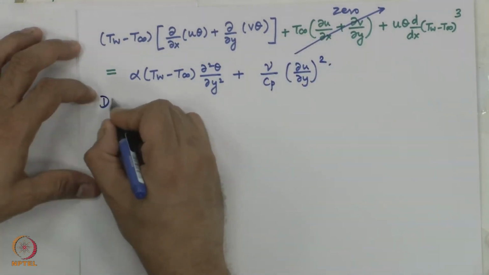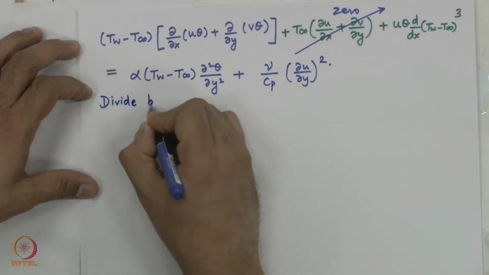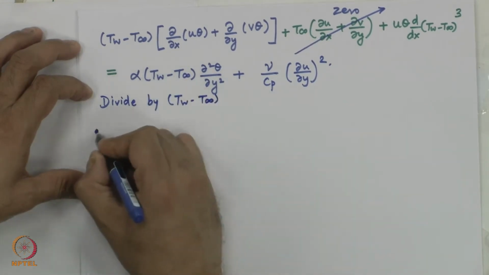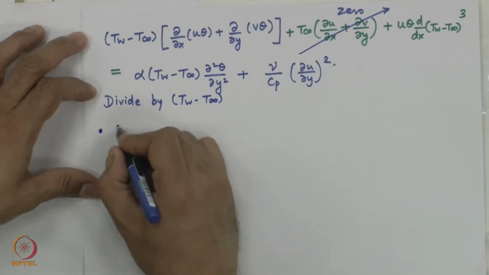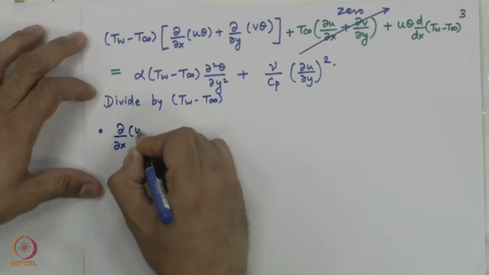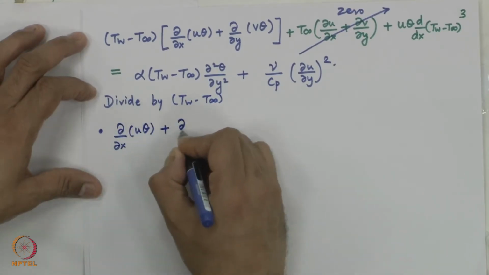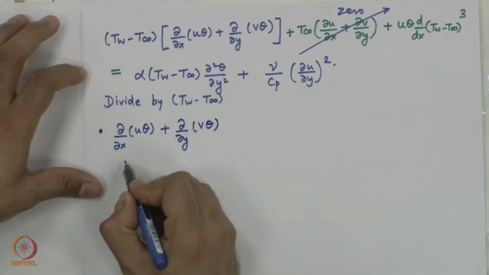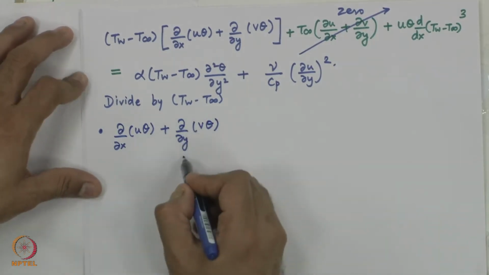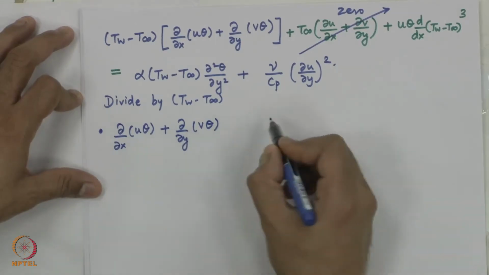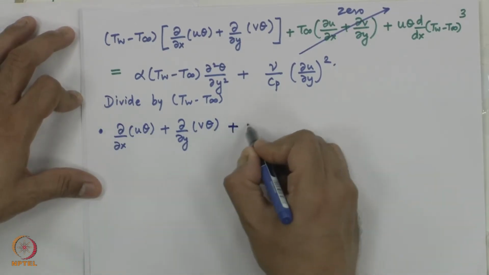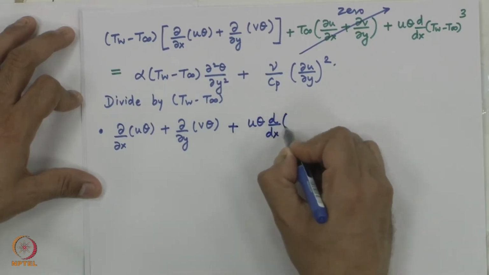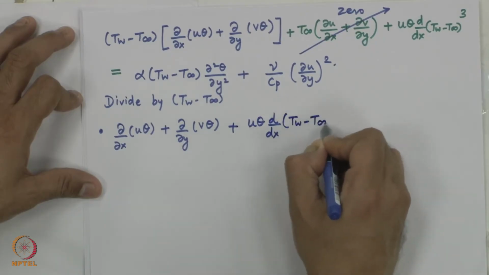Now, I divide through by Tw minus T infinity. The energy equation therefore becomes d by dx of u theta plus d by dy of v theta. What was there? D by dx of uT, d by dy of vT, exactly the same form. We have an additional term which represents the effect of the wall temperature being a function of x.